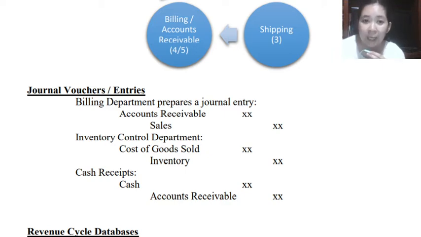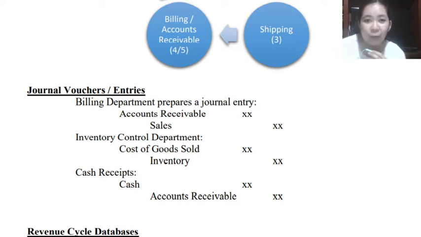For the inventory control department, this is what they will also record. This is in the case of an entity using the perpetual inventory system, because if you notice, the second entry for the inventory control recognizes the cost of goods sold and the decrease of the inventory because of the sale.